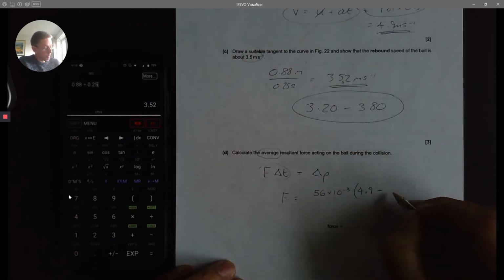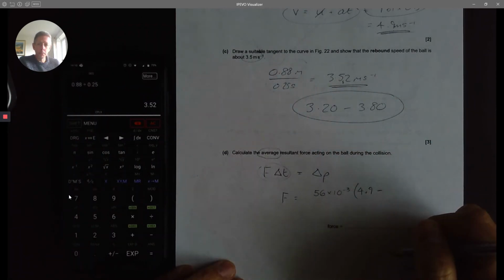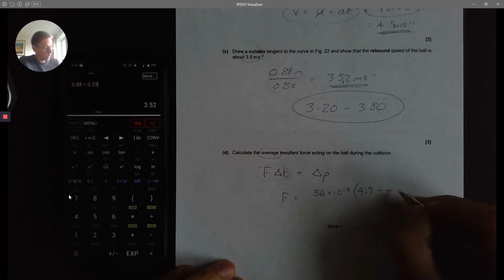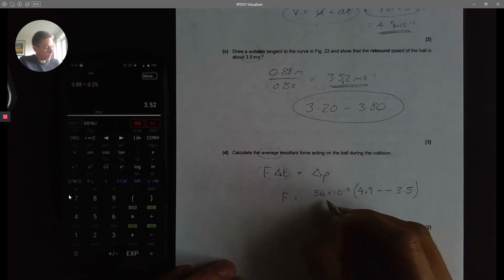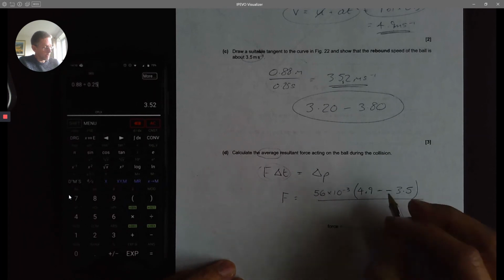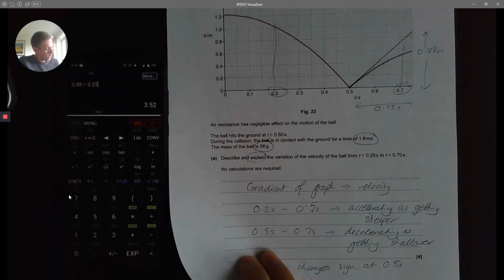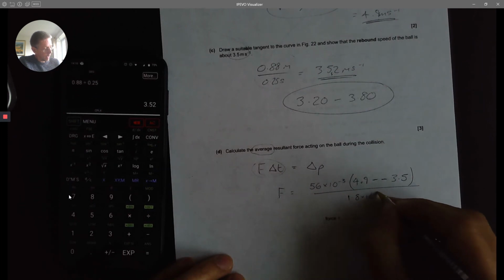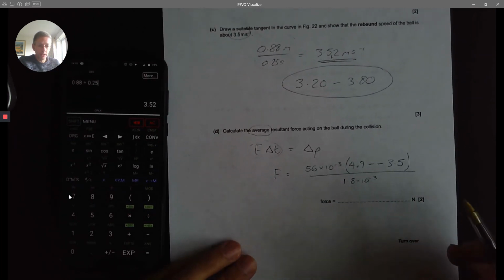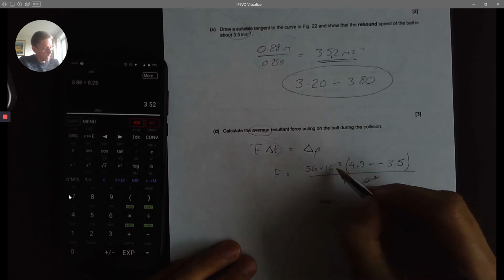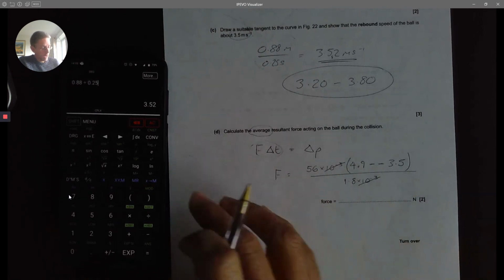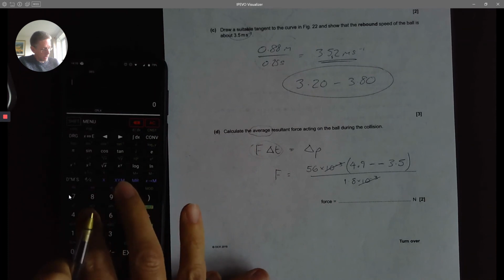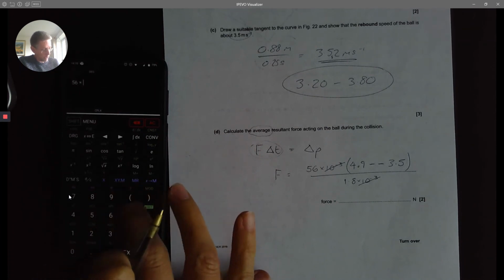But remember the 4.9 is downwards and the 3.5 is upwards, so one of them needs to have a minus sign, and then we need to divide that by the time, which was 1.8 milliseconds. By writing it out like this you can see that you make your life easy because you can now cancel out the powers of 10, and then when you put that in your calculator hopefully we'll get a reasonable number.